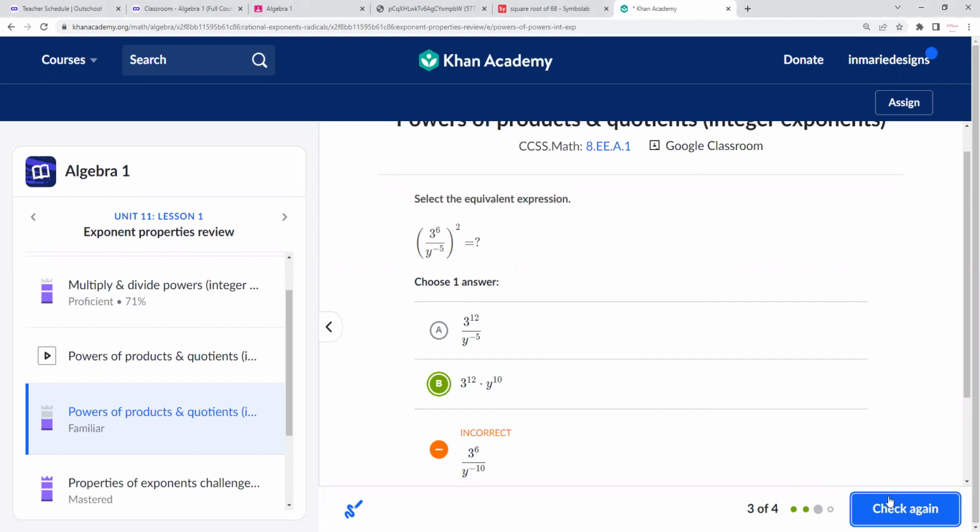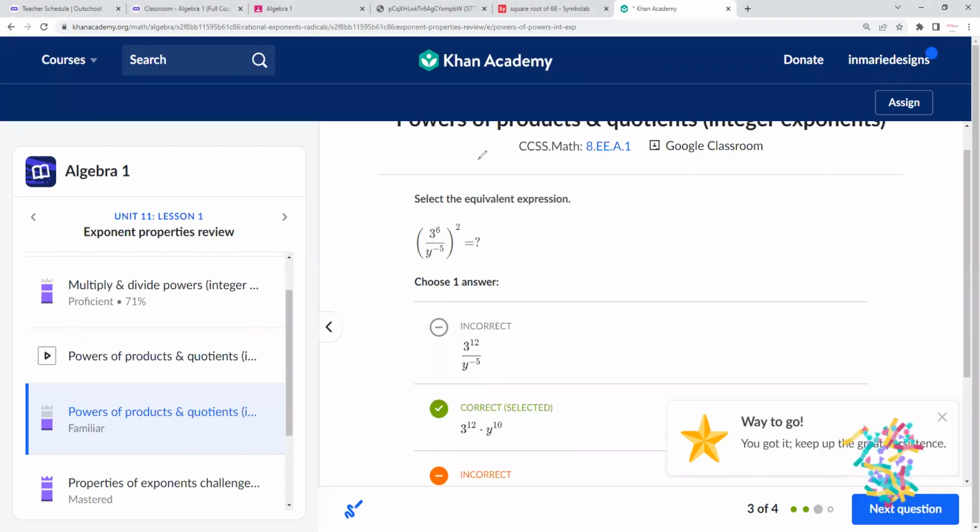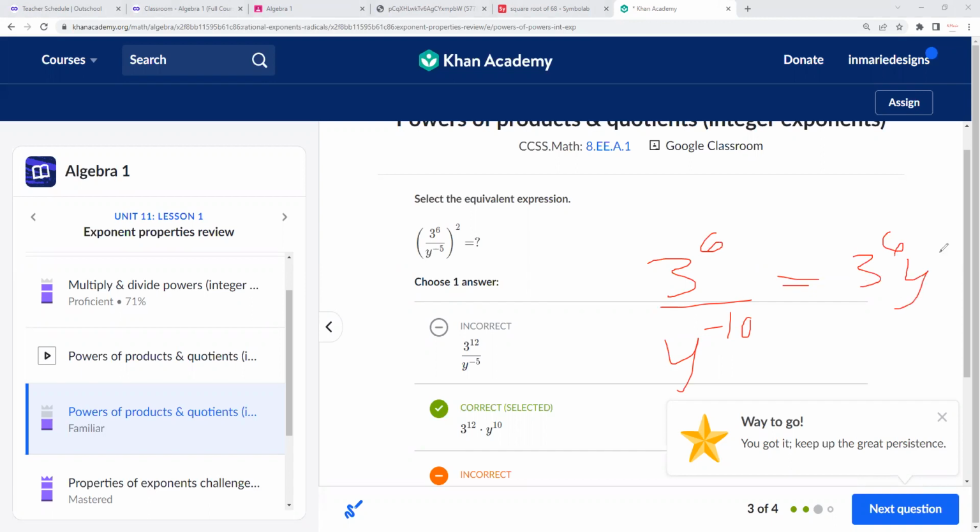So it actually would be this one. Sorry, they didn't want to write it. It would technically be the last one, but then they took that -10 on the bottom and made it positive. If something is negative in the denominator, to make it positive, you just put it in the numerator, and then it becomes positive. That's what they did with that one.